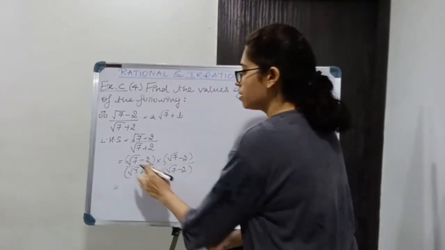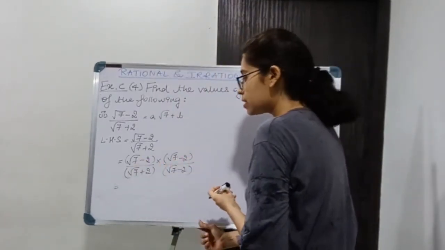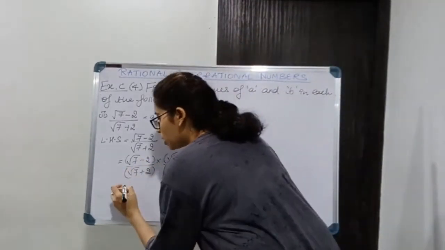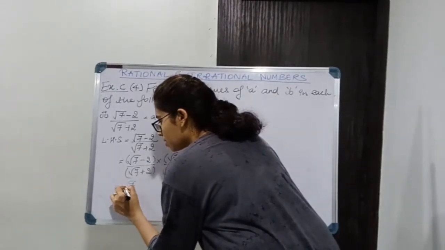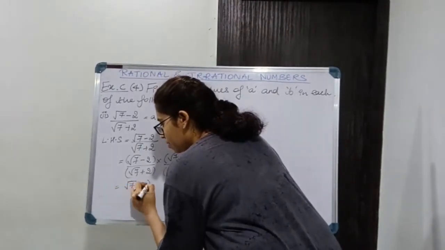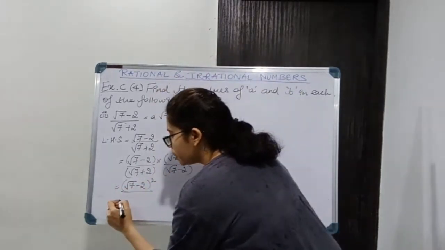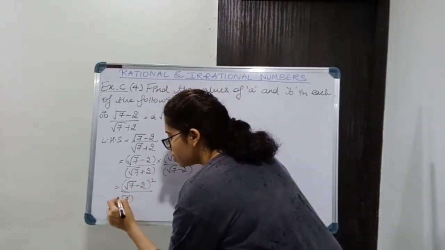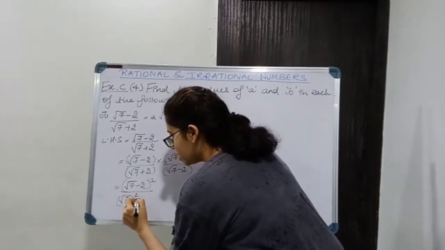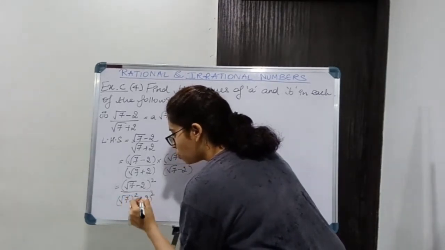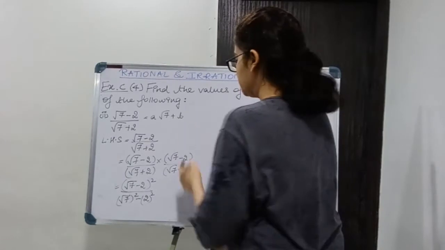So over here, numerator में both the brackets are same, and when you multiply the brackets, you will get root 7 minus 2 square. Over here in the denominator it is root 7 square minus 2 square.